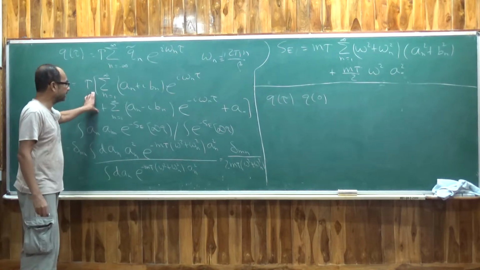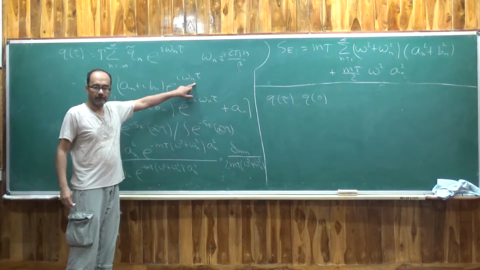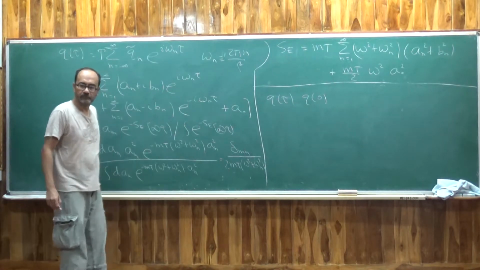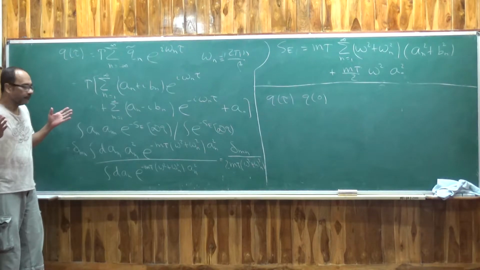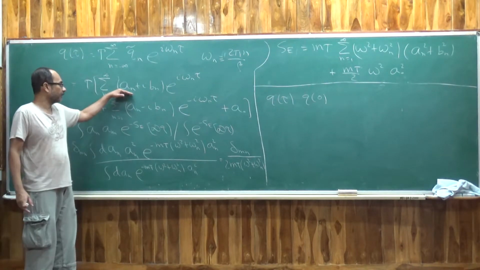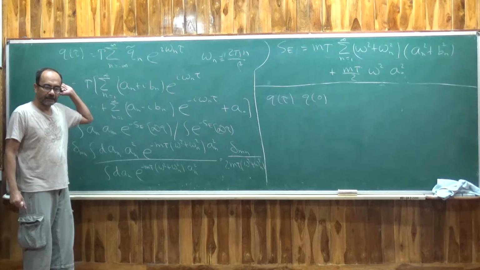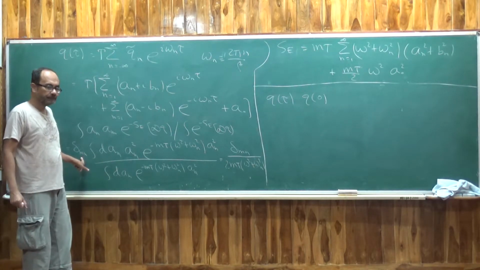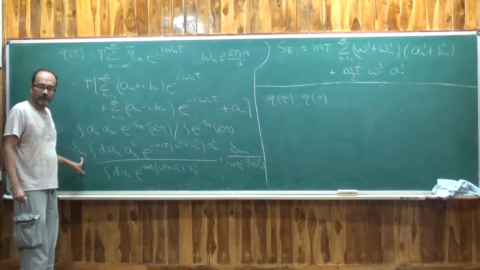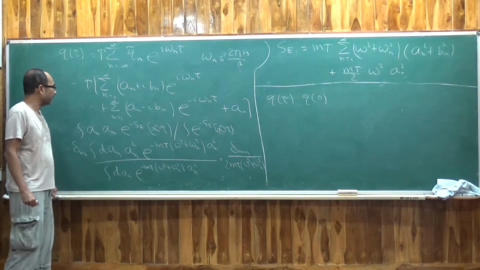Q tau is given by this and q0 is the same thing with tau equal to 0. Then you get a quadratic term, which involves n from here and then m from there. But of course only the m equal to n terms will contribute, because of this delta mn. So for q tau q0, this product, let me write down the relevant terms that are going to contribute.